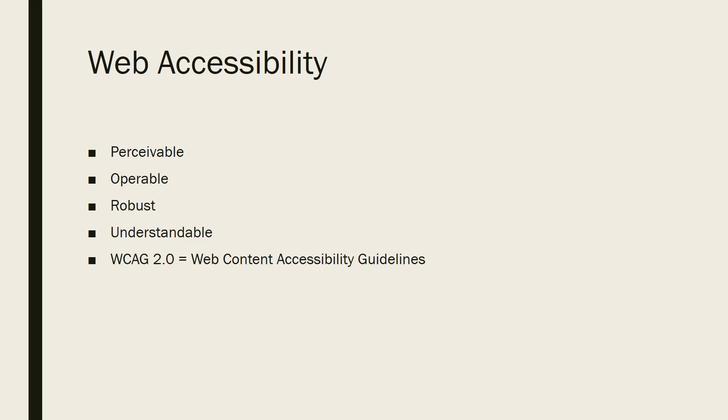Okay, next is understandable. Understandable is how clear we are in showing our message. Let's say you have a 70-year-old man who wears glasses and wants to read web news.